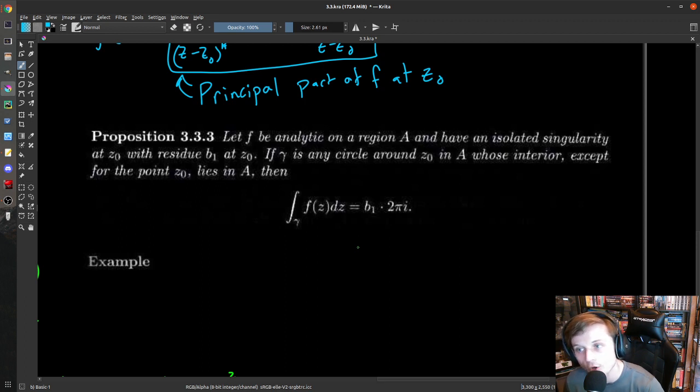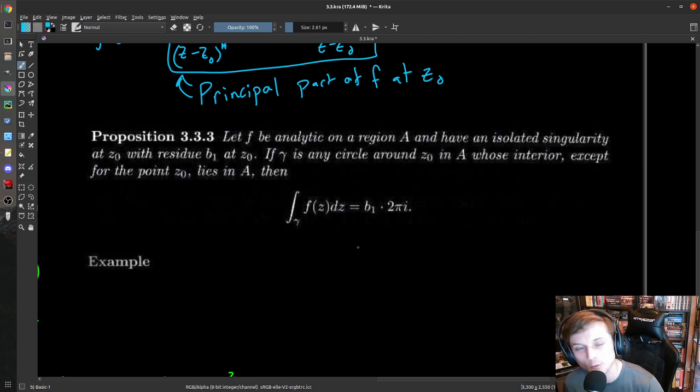Remember, we could deal with functions that were analytic except potentially at some given point, and we could still use Cauchy's theorem. That was really the beginning of our treatment of meromorphic functions, though we didn't know them by that name yet.